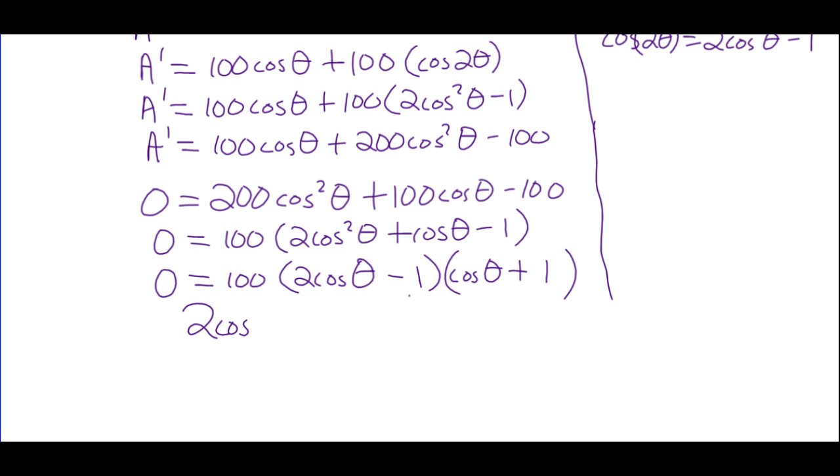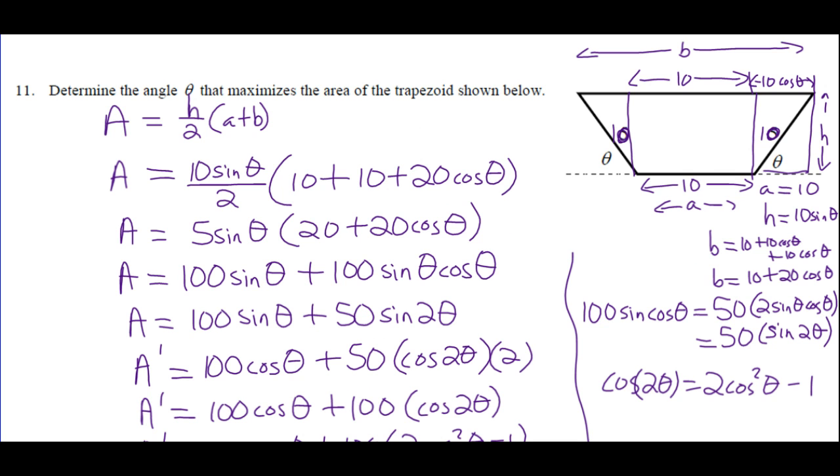All right, so 2 cos theta minus 1 is equal to 0, or cos theta plus 1 is equal to 0, so cos theta is a half, or cos theta is negative 1. Is there any restriction on theta? Well, theta is really between 0 and pi by 2, technically, or, well, between 0 and pi, I guess, right?